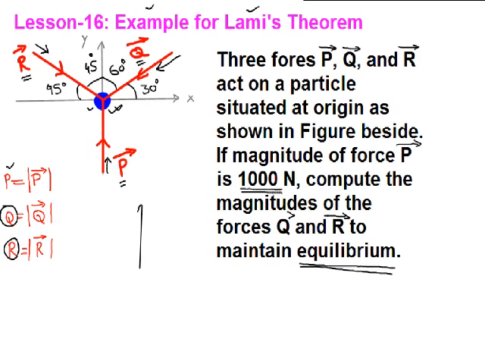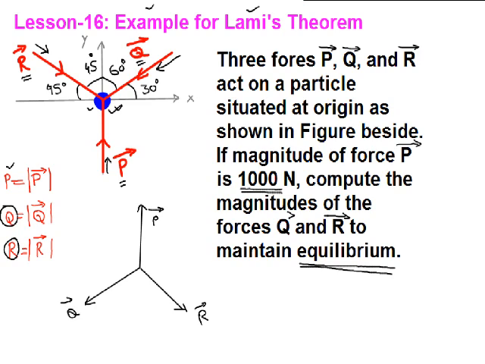We would want to have the forces appearing somewhat like this: P bar, Q bar and R bar. Okay, so we would want P to be somewhat like this, Q to be somewhat like this, and R to be somewhat like this.